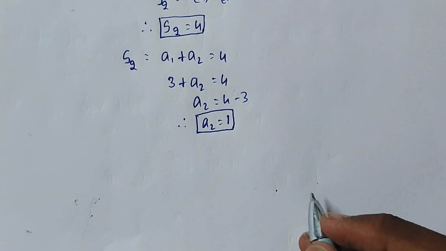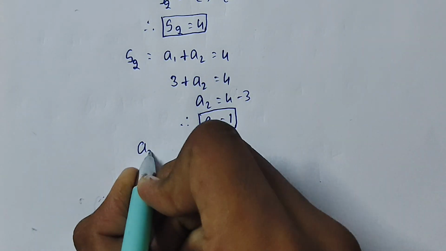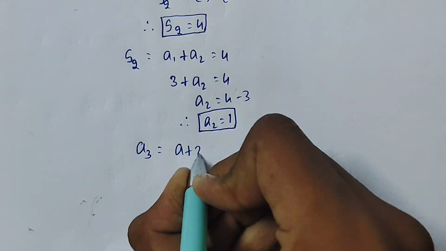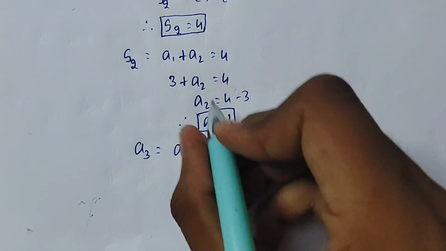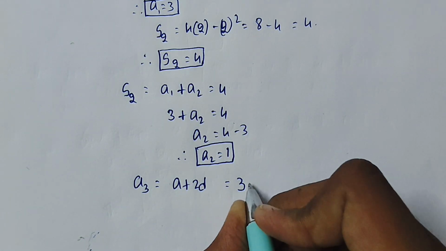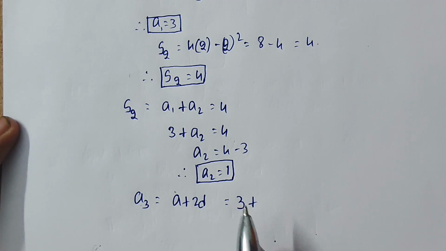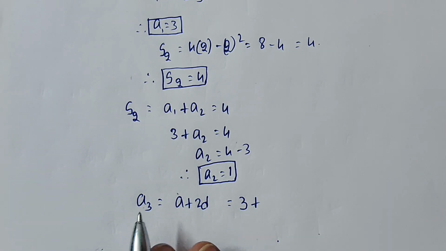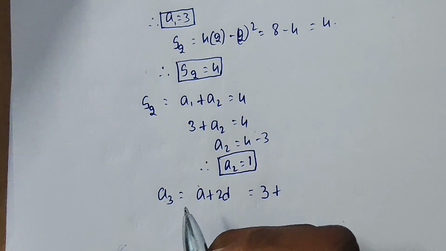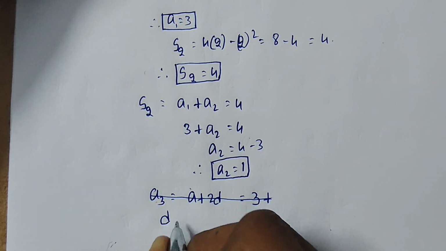Later the task is to find the third term, 10th term and nth term. So now I am going to find the value of the third term. Third term is A3. A3 can be written as A plus 2D, the value of A means the first term is 3 plus... sorry friends, before finding the values of A3, A10 and An, first we have to know the value of D, the common difference.